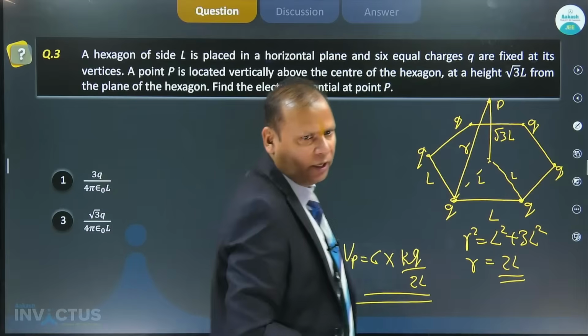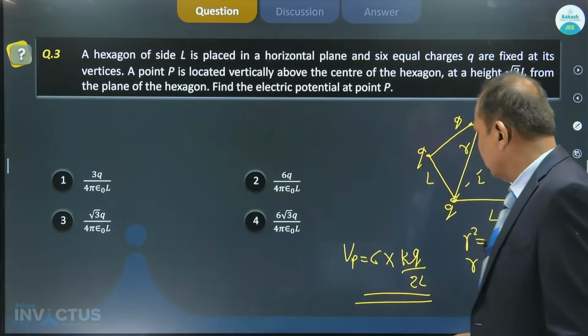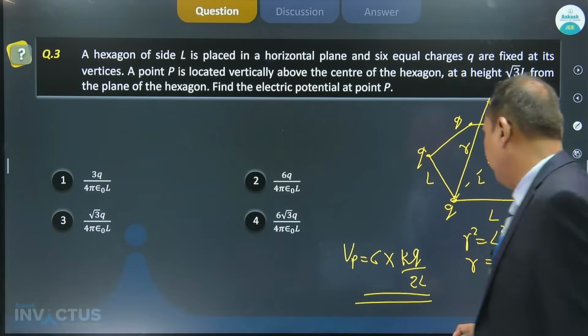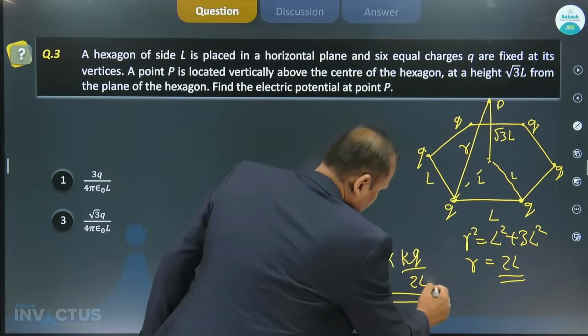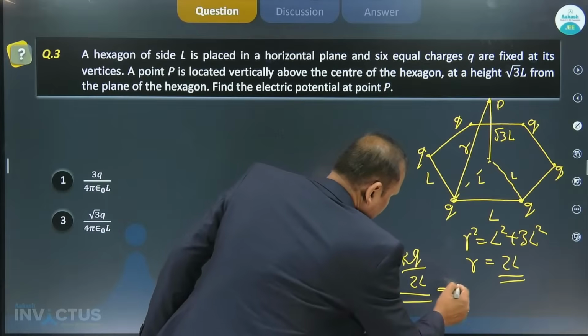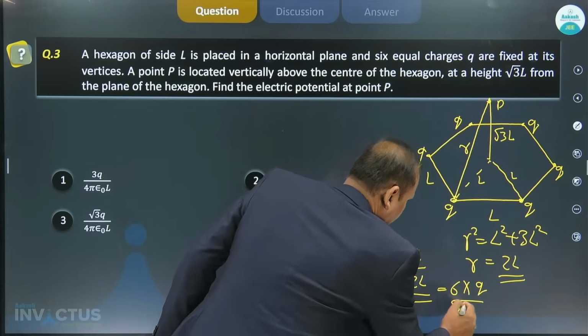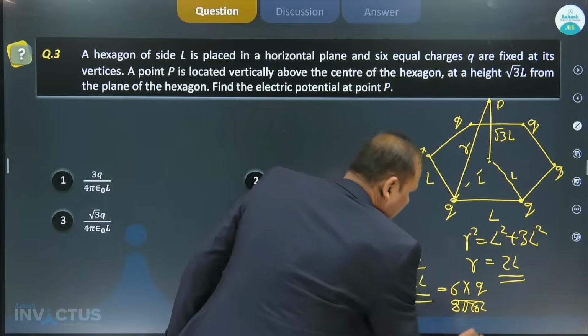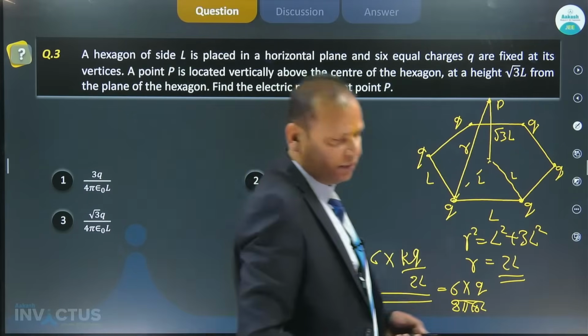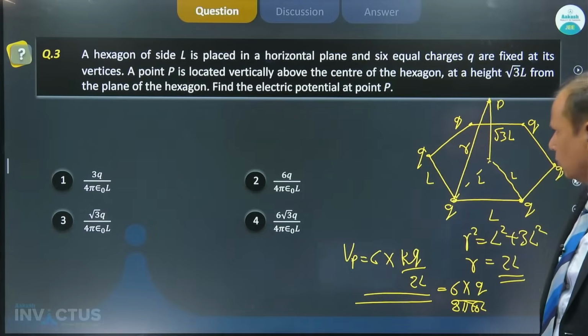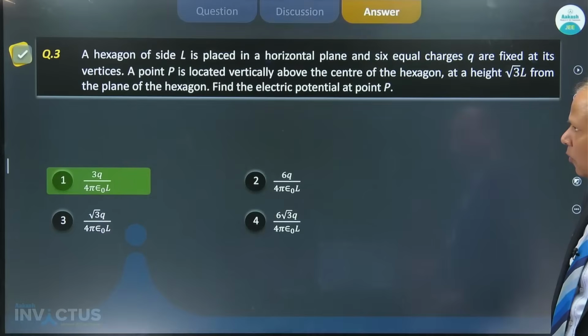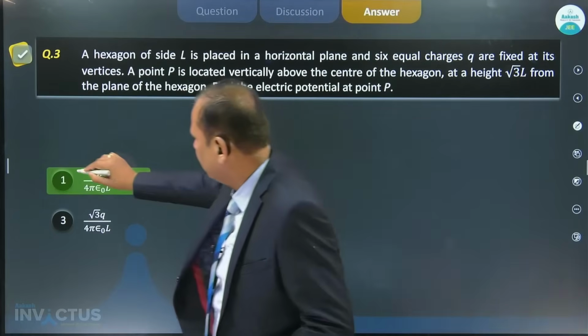This will be your answer. So it will be 6 into Q by 8 pi epsilon naught L. We can check the answer. So certainly the answer is this.